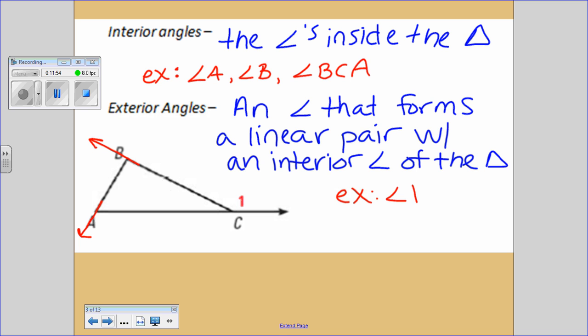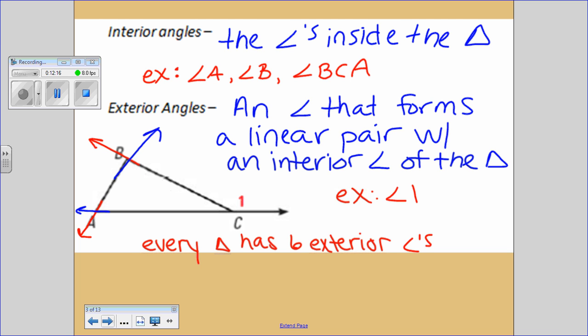So there are 6. If you have room, write that down. Every triangle has 6 exterior angles. Now, clearly, we do not draw them all at the same time, because we'd get a funky looking shape and we wouldn't know which angles are our exterior angles. So we only draw 3 at a time, but there are actually 6 exterior angles.